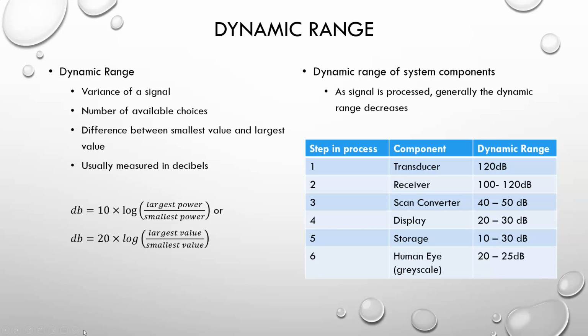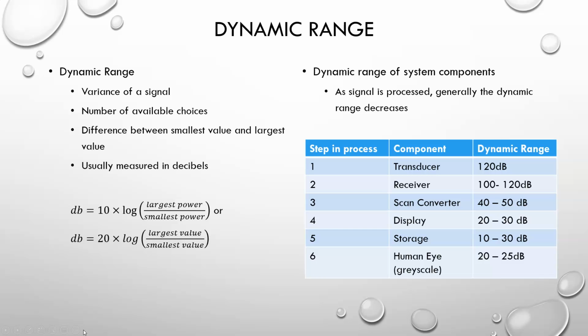If you use anything other than power, such as volts or anything that would be measured with amplitude, if you recall that power is related to the amplitude squared, then you have to square that ratio, and when you square a ratio and take the log of it, it's equivalent to multiplying it by 2.